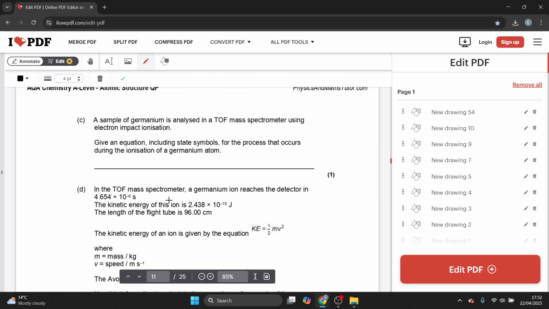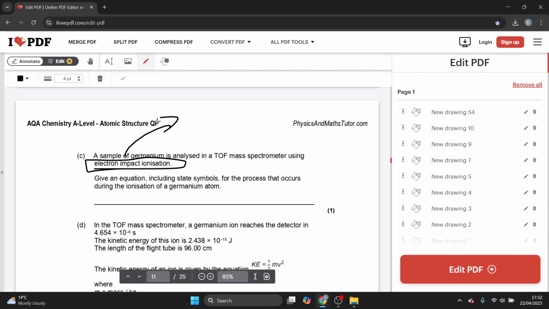Give the equation, including state symbols, for the process that occurs during the ionization of a germanium atom. And because it's electron impact, alarm bells are going off. An electron gun is used to fire high energy electrons, knocking one electron off each molecule, becoming a positive ion.